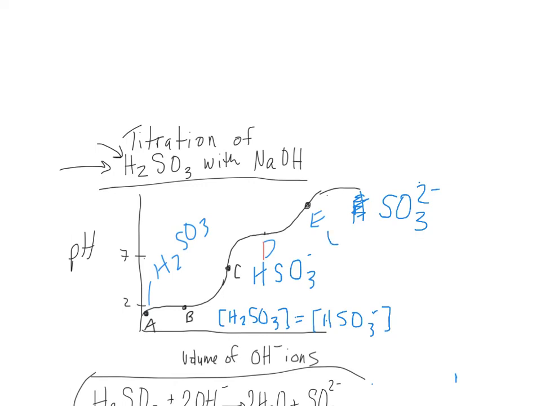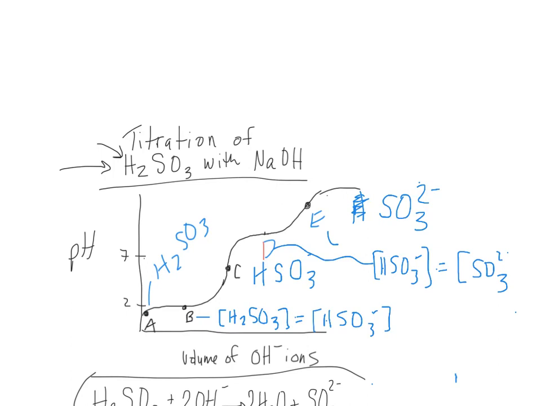And then, of course, point D is in fact the half equivalence point for a situation in which the HSO3 negative moles and molarity are equal to the SO3 2 negative molarity, meaning half of the HSO3 negative, half of the hydrogen sulfite ions, have been converted to the SO3 2-, the sulfite ions.